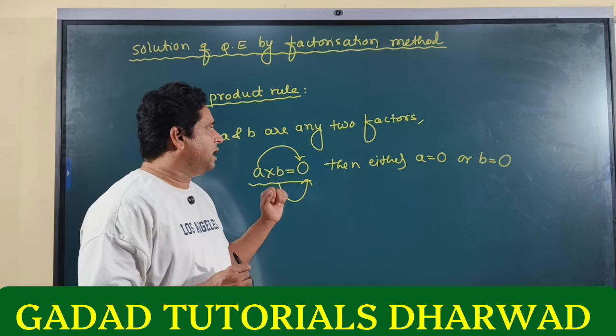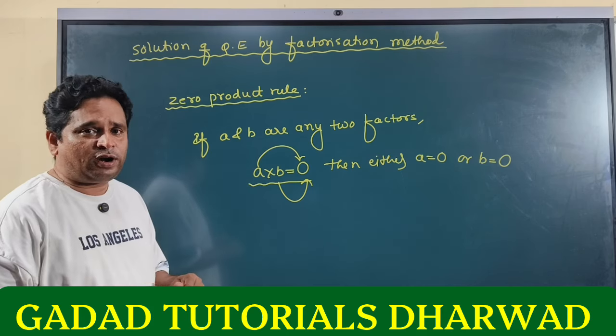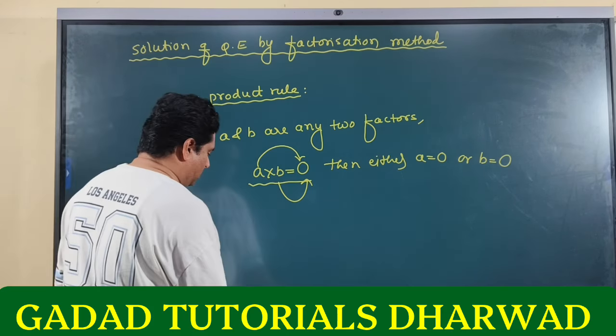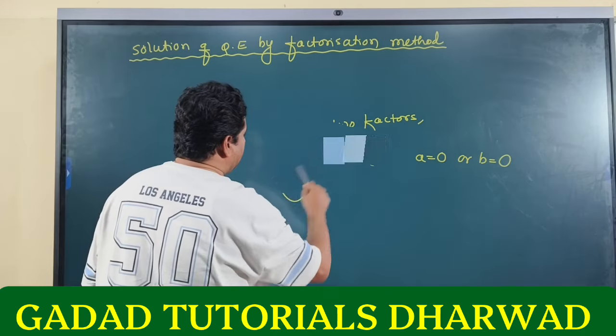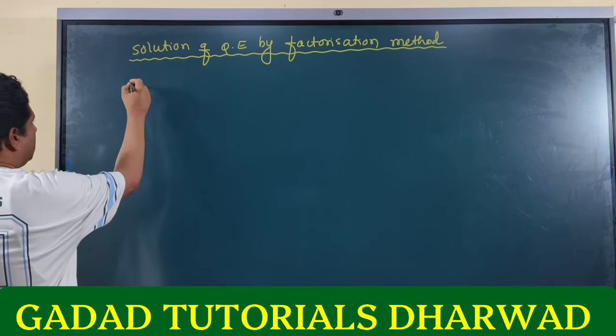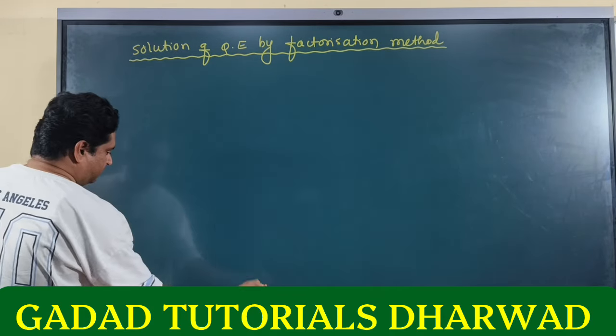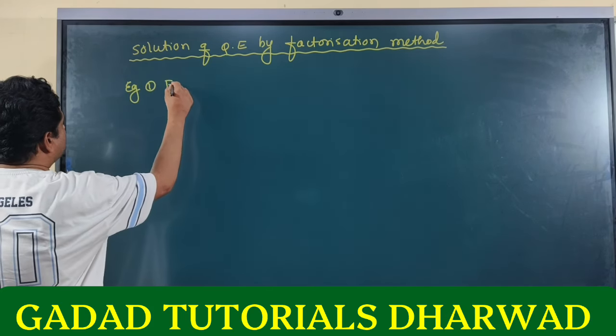Now, I will apply the zero product rule and show you how to solve the quadratic equation by the factorization method. I will take one example and explain it. Example 1.